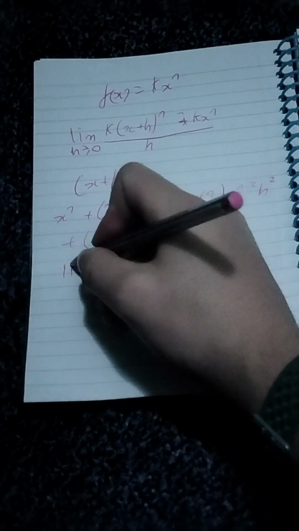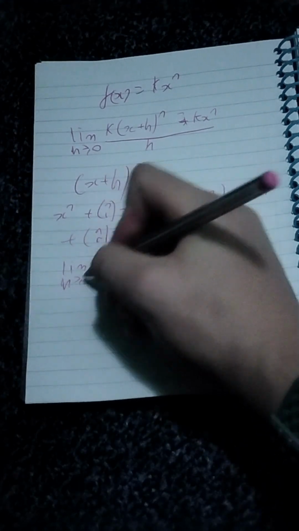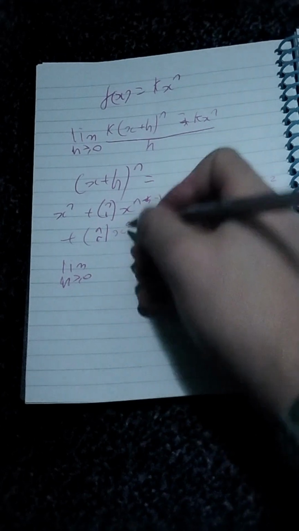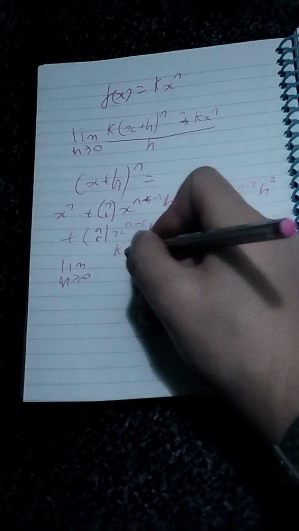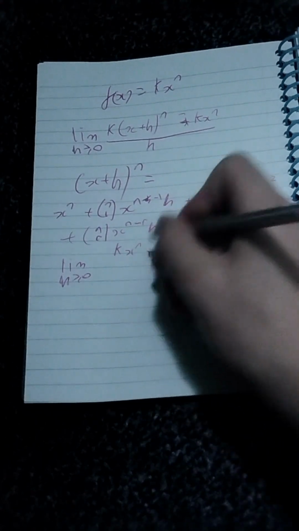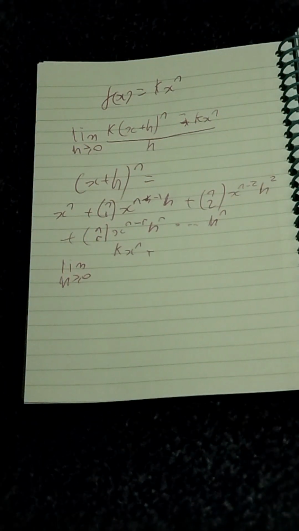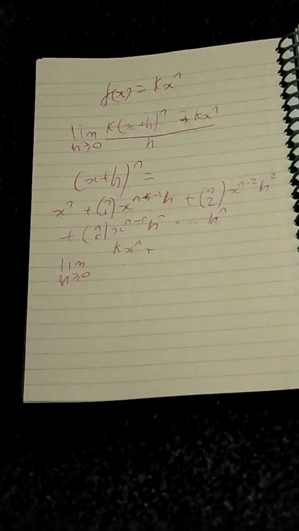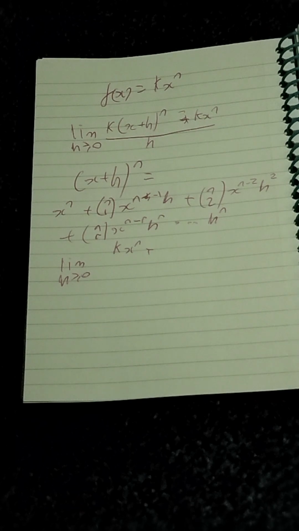So if we have the limit as h goes to 0, we multiply, so kx to the n plus, and that n choose 1 is effectively any old number, because binomial coefficients get you a number in return. However, they might be difficult to calculate.